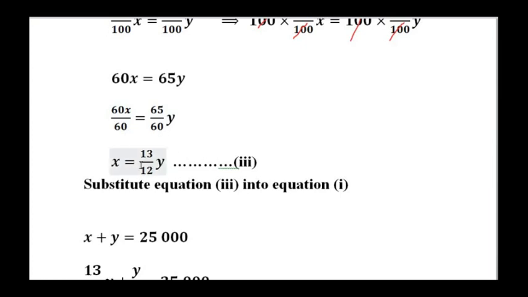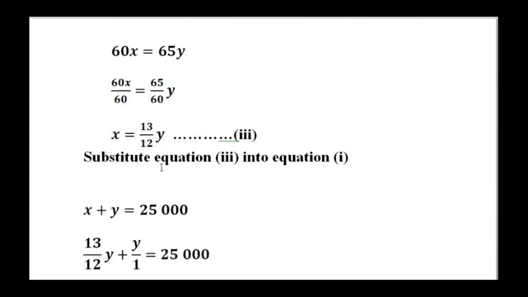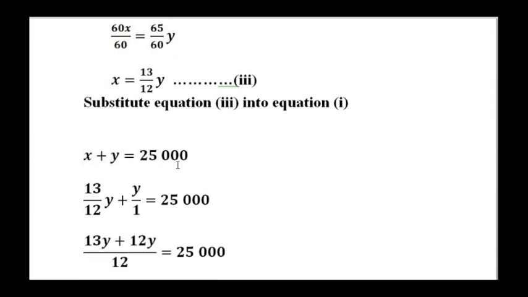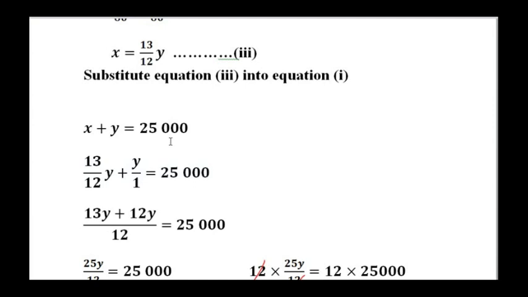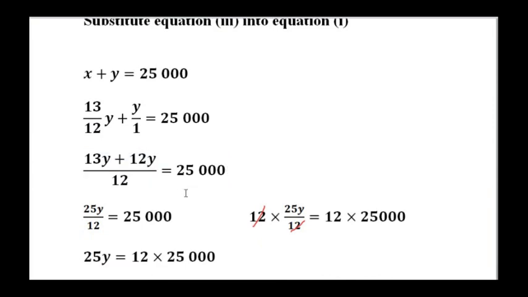Now let's name this new equation as equation 3, and let's substitute equation 3 into equation 1, which is x plus y equals 25,000. So what is x? It's 13 upon 12y plus y, or we can also write this y in the form of a fraction like y upon 1, equals 25,000.